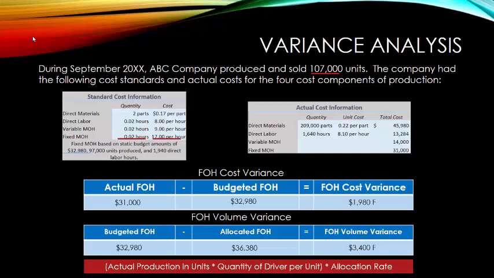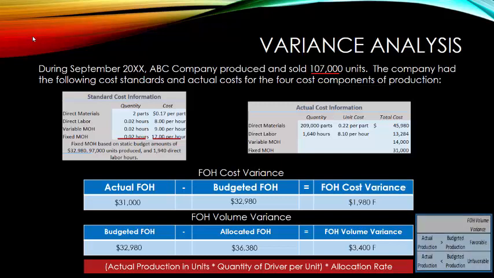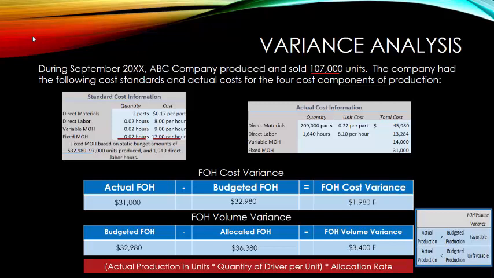And of all the things in accounting, this is one of the things that took me the longest to wrap my head around, until just one day something clicked to me, and it is this. The variance for your fixed overhead volume depends upon what your actual production was versus what your budgeted production was. Sure, we allocated more fixed overhead than we thought we were going to, but why? Because we made more units than we thought we were going to.